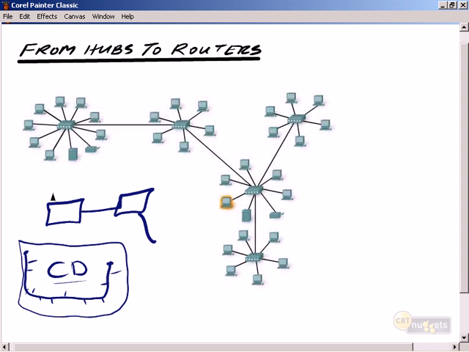However, these boxes would need to repeat the signals and send them across this Ethernet to the next box, okay? So really what these devices, these hubs and these repeaters, are is OSI layer 1 devices.